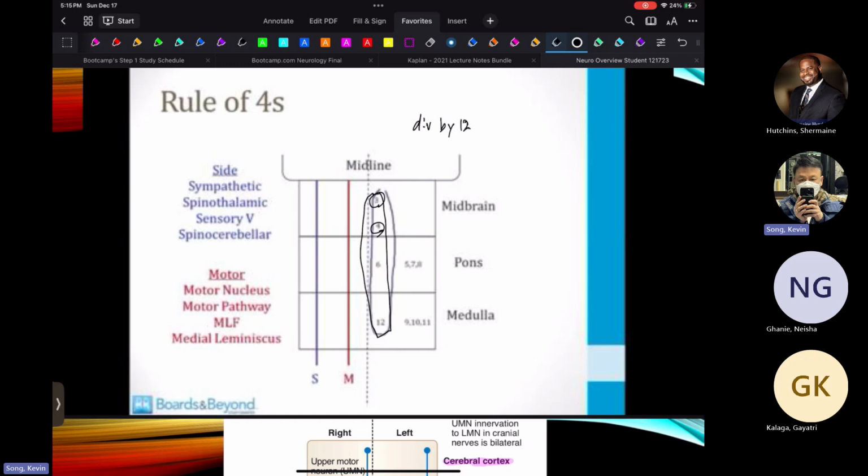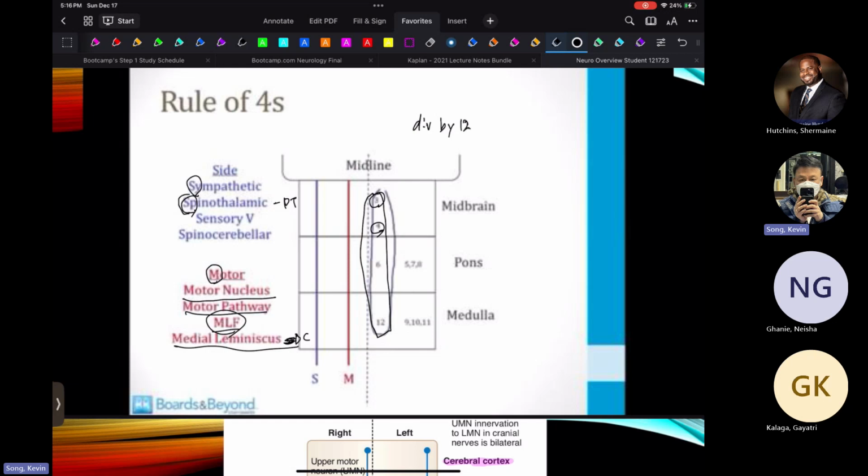If it's in the midline, then everything will start with M, motor functions. So motor nucleus, and then motor pathway, the MLF, and then medial lemniscus, meaning this is the dorsal column. And then if it's on the lateral side, then everything starts with S: sympathetic, spinothalamic, so it's pain and temperature, and then sensory nerve 5, and then the spinocerebellar.